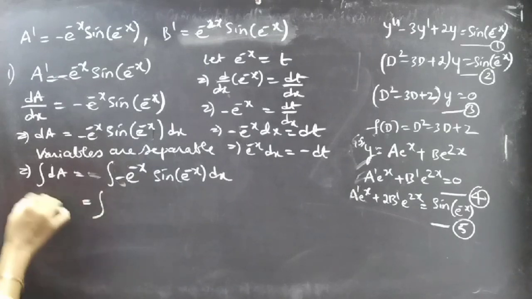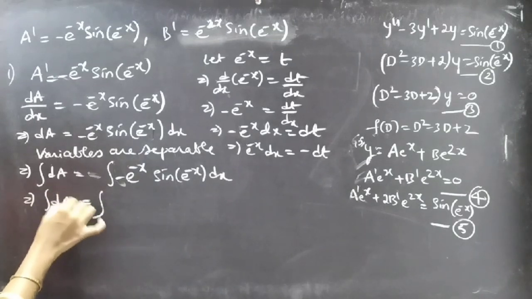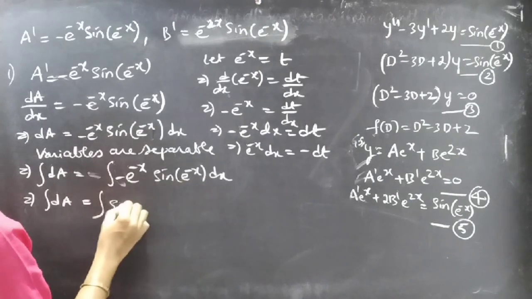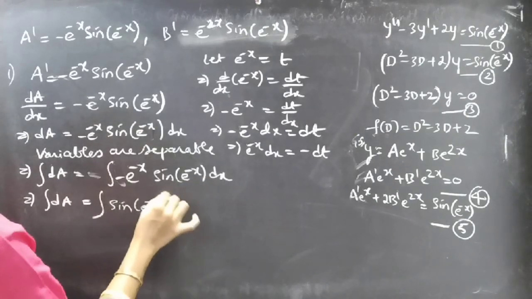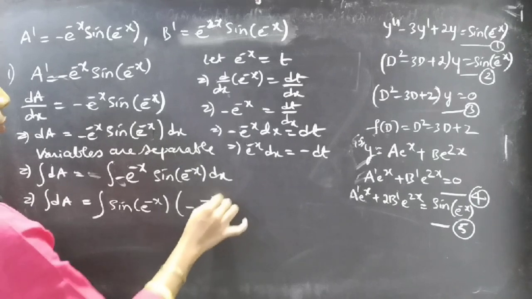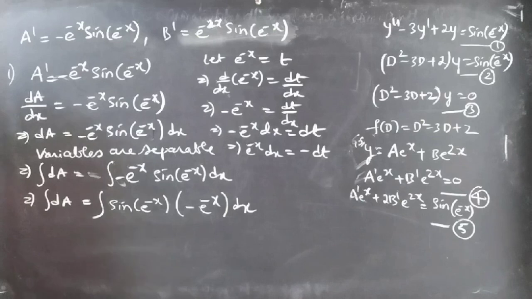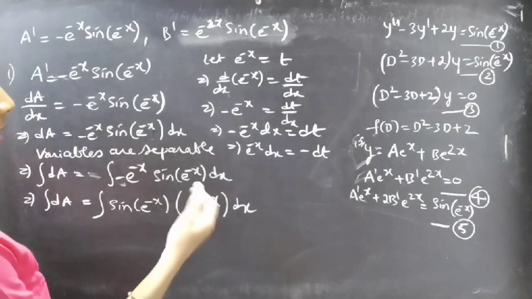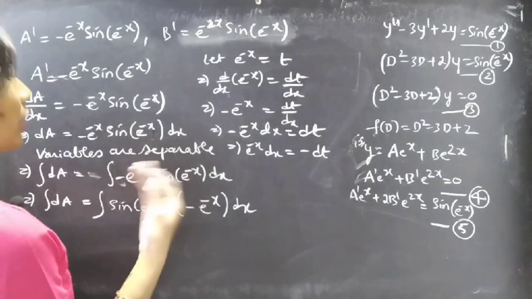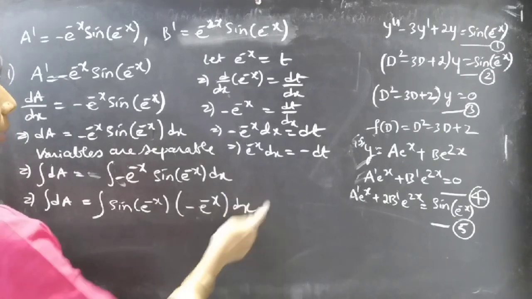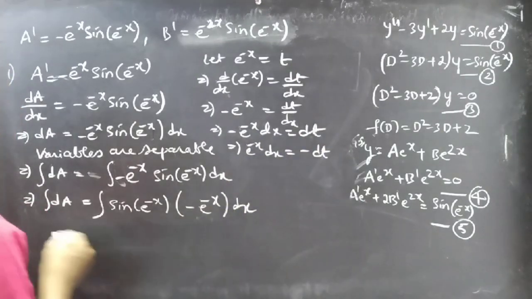This gives us sine of e power minus x into minus e power minus x into dx. It will be more convenient to replace e power minus x with t and minus e power minus x into dx with dt.